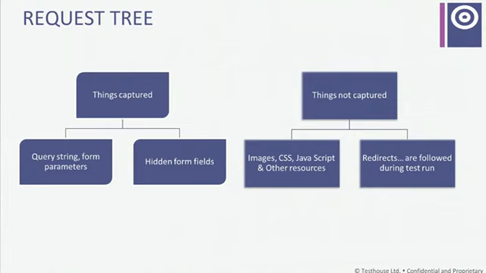Anything that's useful to actually run the website from the browser and the communication between the browser and the server. Things that are not captured are things like images, Cascade sheets, JavaScript, as I've mentioned, things which are very nice for the user to see and makes the user experience much more rich, but not to be included in the timings between the server and the browser, as that's what we're trying to measure in this exercise if you go into load testing.